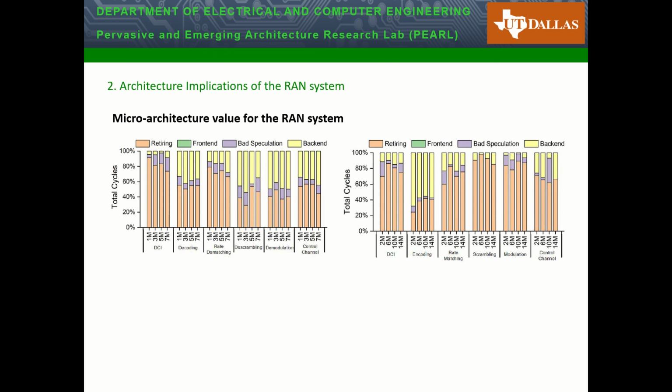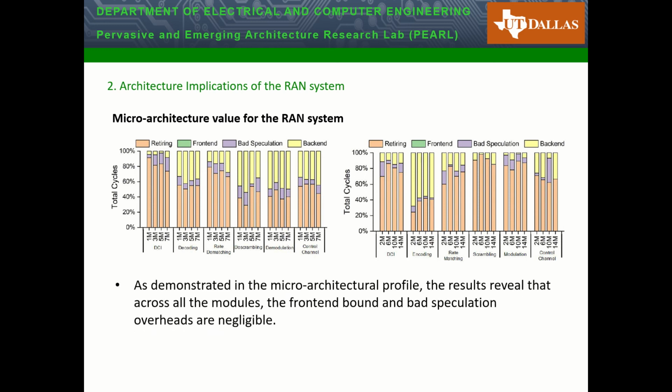In order to find out the root cause for the poor IPC, we explore the micro-architectural metrics related to IPC. As demonstrated in the micro-architectural profile, the results reveal that across all the modules, the front-end bound and bad speculation overheads are negligible.